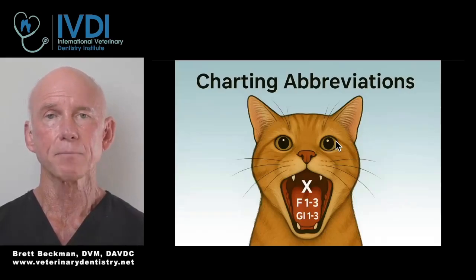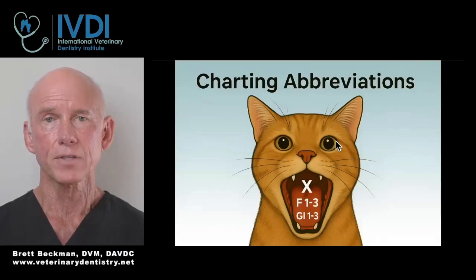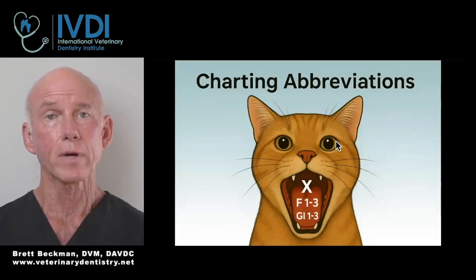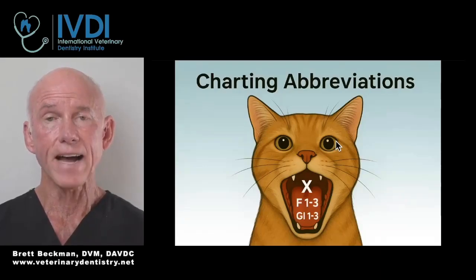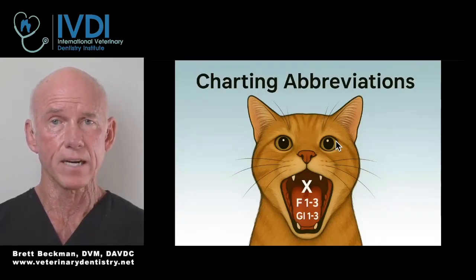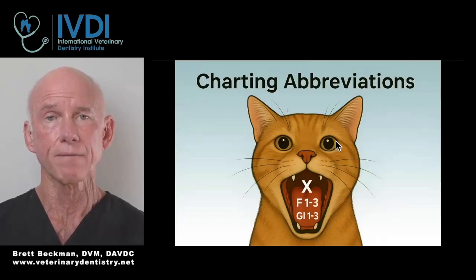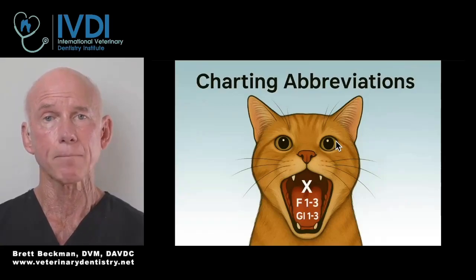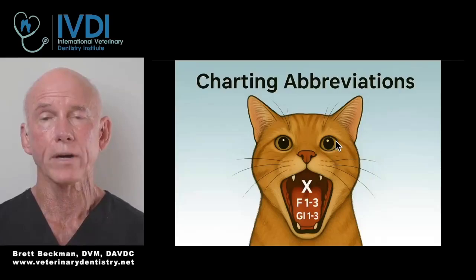So again, very subjective, but you can use that to put those notations in the chart so that next time this patient comes in, if we're not extracting those teeth, we can evaluate that based on what treatment we've done, based on the interval we've given for that individual patient, whether it be 3 months, a year, or whatever that might be, and see how much of a return to those previous parameters we have, or how much improvement we have in that amount of gingivitis that we're marking on the chart.